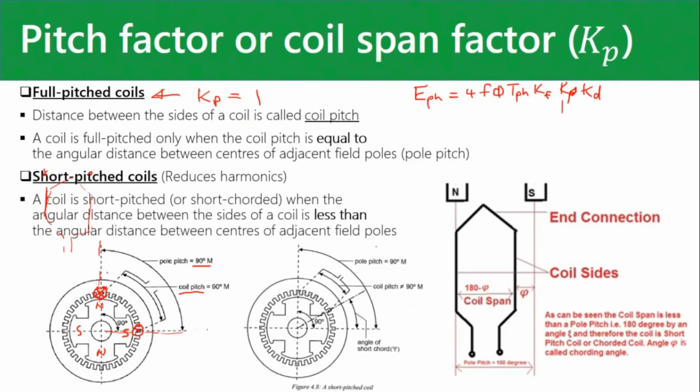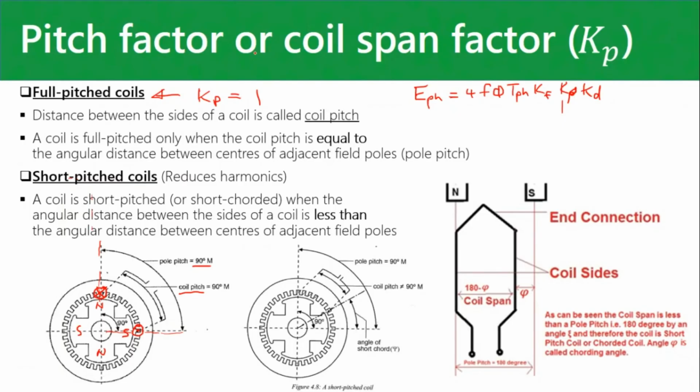But they're not always. We deliberately make them short pitched. Okay. You get short pitch coils. We do that to reduce harmonics, which are dangerous things in power systems, to reduce the harmonics in the output sine waveform.